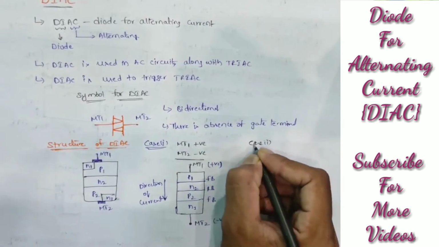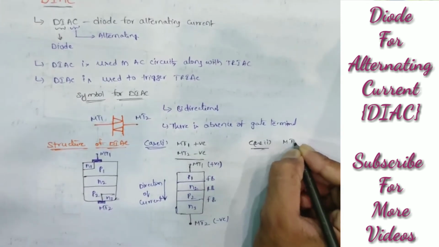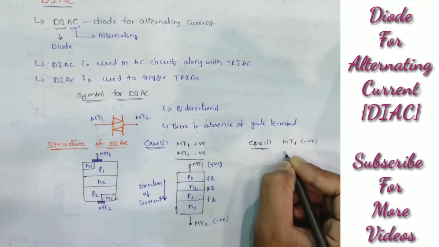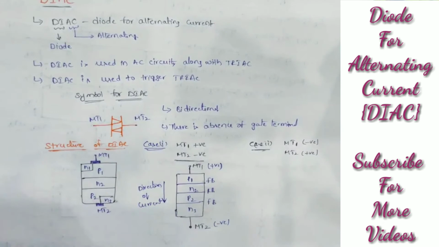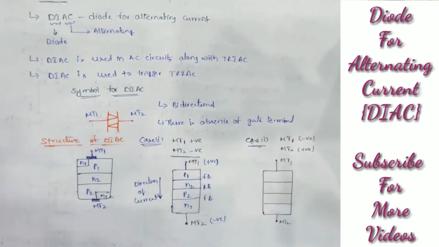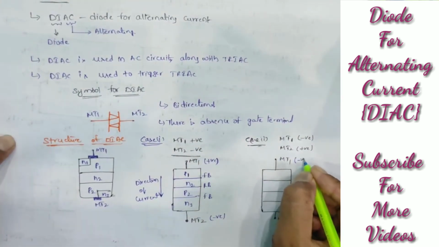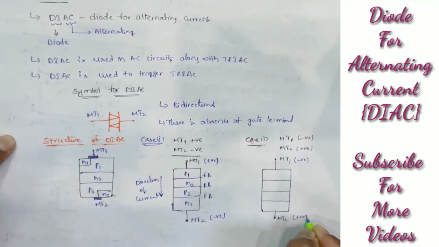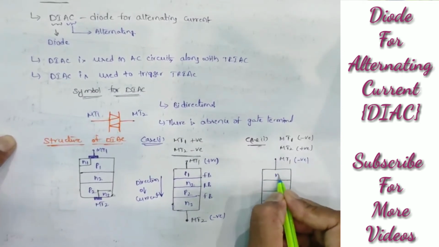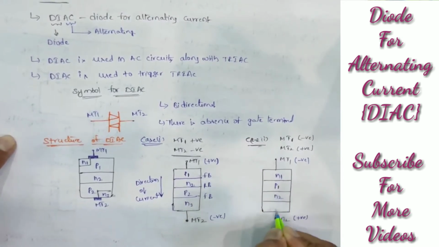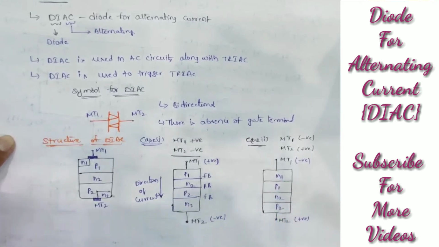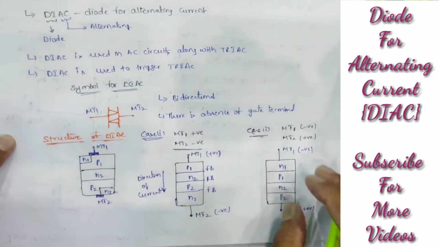Case 2 is MT1 is negative whereas MT2 is positive. In this case, the structure will be like this. Here MT1 is negative, MT2 is positive, so here we will get N1. Next we will get P1, next N2, and here we will get P2.